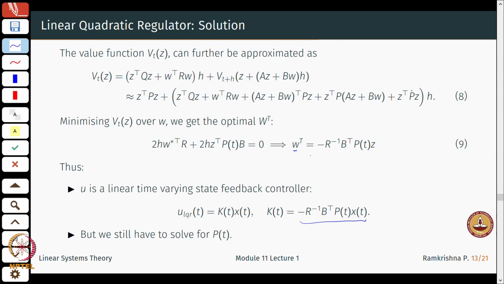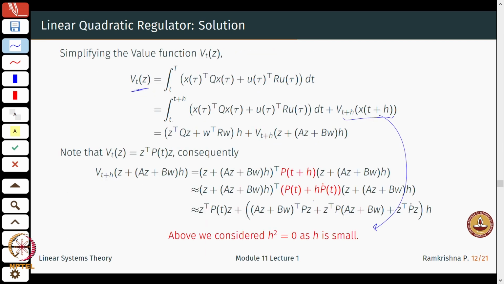So, in general, for a small w it looked this way. What will a general u look like? This is u equals minus K, which varies with time, times x. Now, what do I know from here? I know what R is because I fix the matrices, the weights of how much constraint I have on the input and possibly on the state.